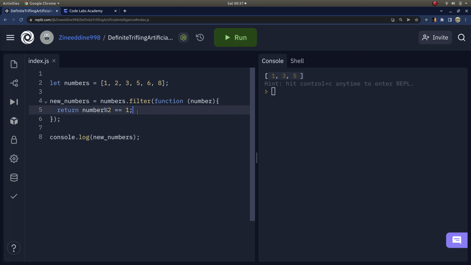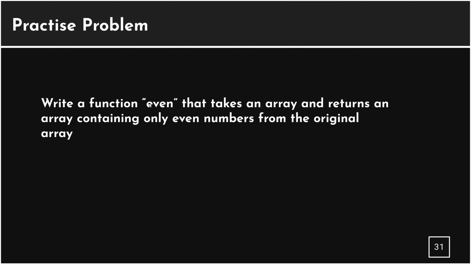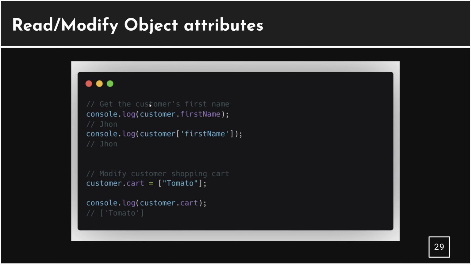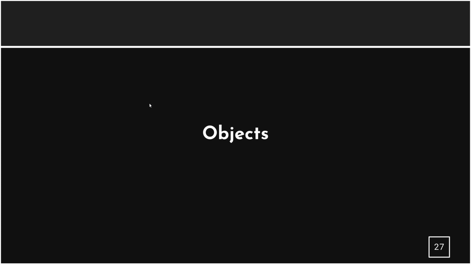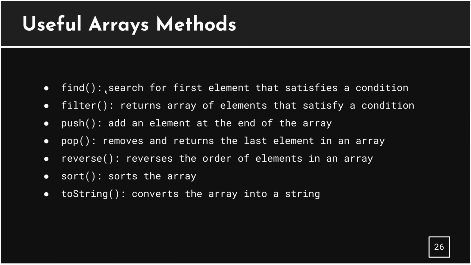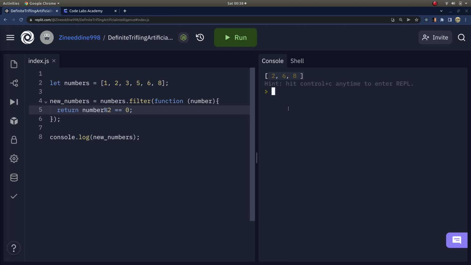Yeah, and now we get the expected result. So the reason it was not working is that, like we said earlier, the filter method actually returns an array. So we have to create a new variable to account for the newly created array.